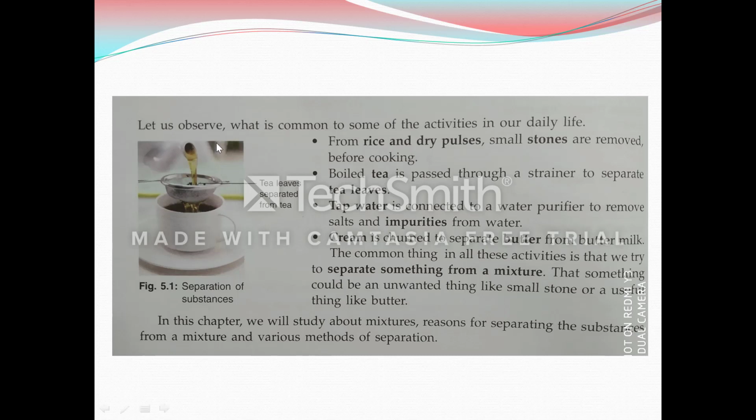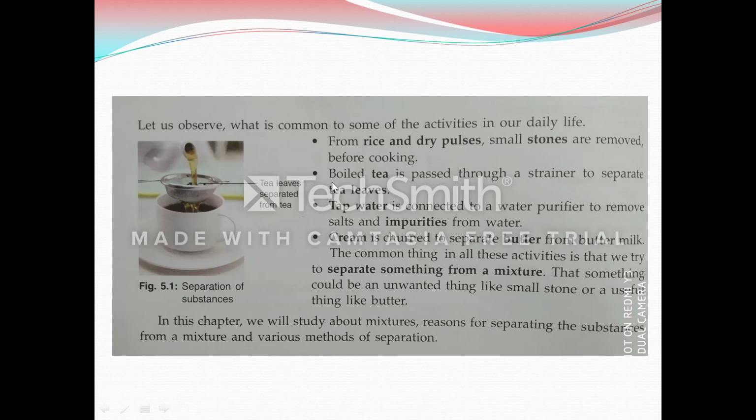Let us observe what is common in some of the activities in our daily life. From rice and dry pulses, small stones are removed before cooking. This is the activity your mother does every day in the kitchen. Before cooking food, she cleans the rice as well as pulses because we will never like stones in our cooked food, right?